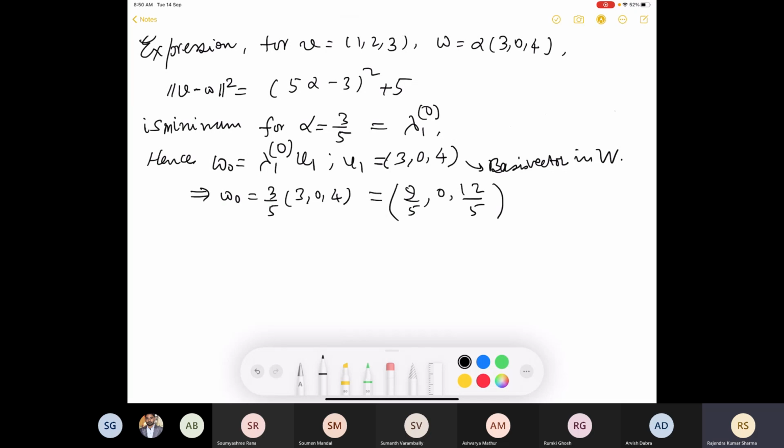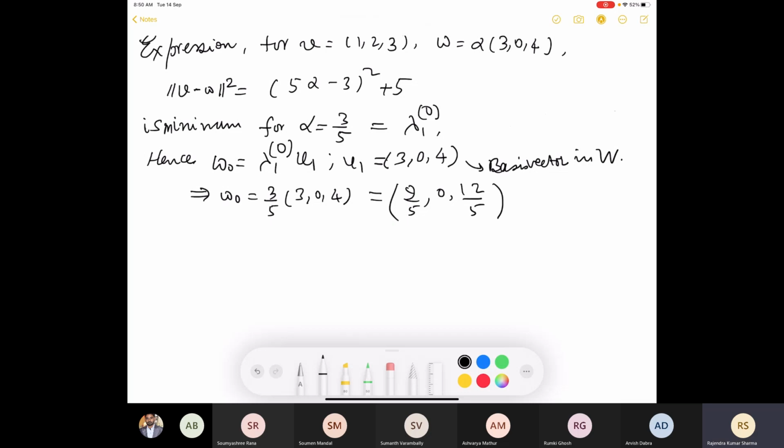So by both ways we have shown this. First, we used the Gram-Schmidt orthogonalization and obtained an orthogonal basis and wrote the expression precisely as the linear combination of Wi's, where Wi's form the basis for W. And we also proved using geometry that W naught is lambda 1 0 U1 plus lambda 2 0 U2, and so on, lambda m 0 Um, where U1, U2, Um were basis vectors, which need not be an orthogonal basis.